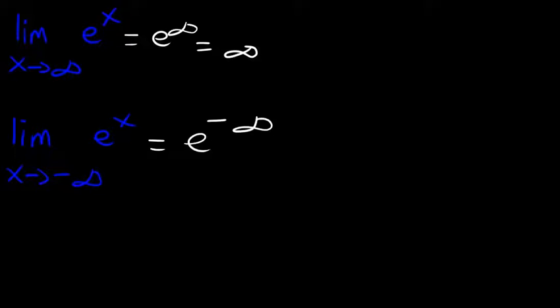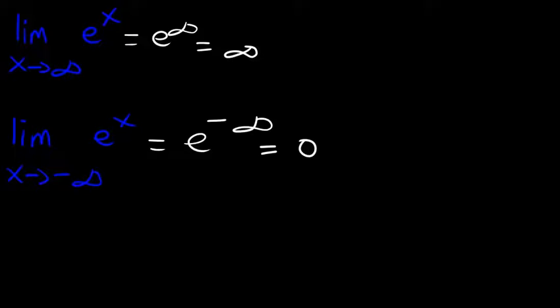Raising e to the power minus infinity is going to give us a very small value getting close to zero, because it means raising e to a very large negative value. So at the end this limit will be equal to zero. Let's take note of this.